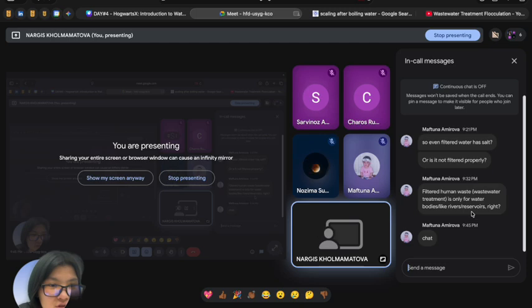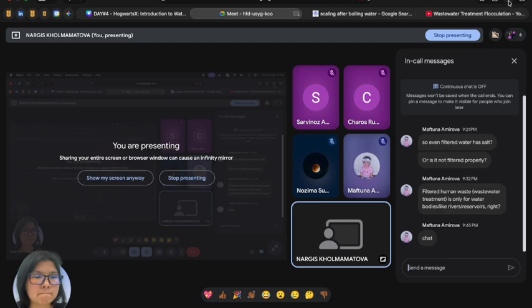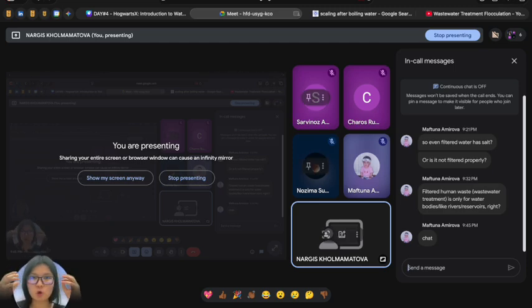So even filtered water has salt. It depends on the filter. Basically, all pollutants, salt is also a pollutant, have their size, right? And filters can be specific for that size.